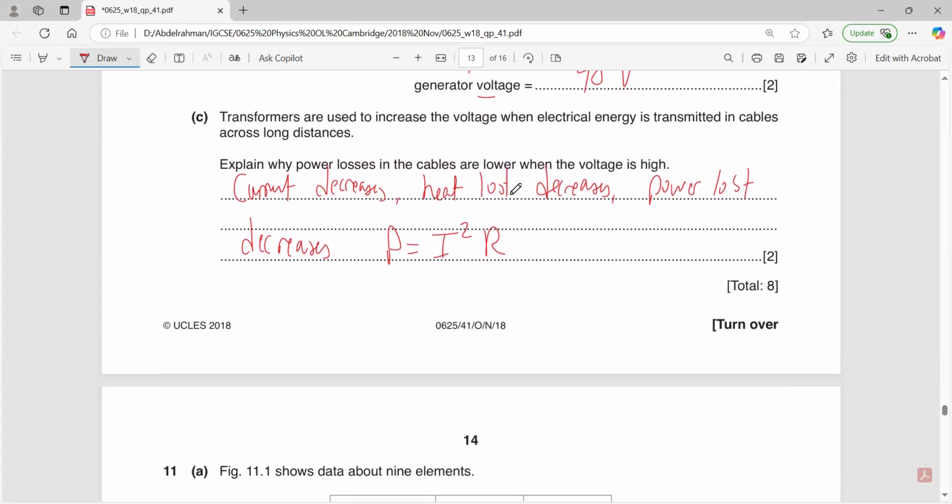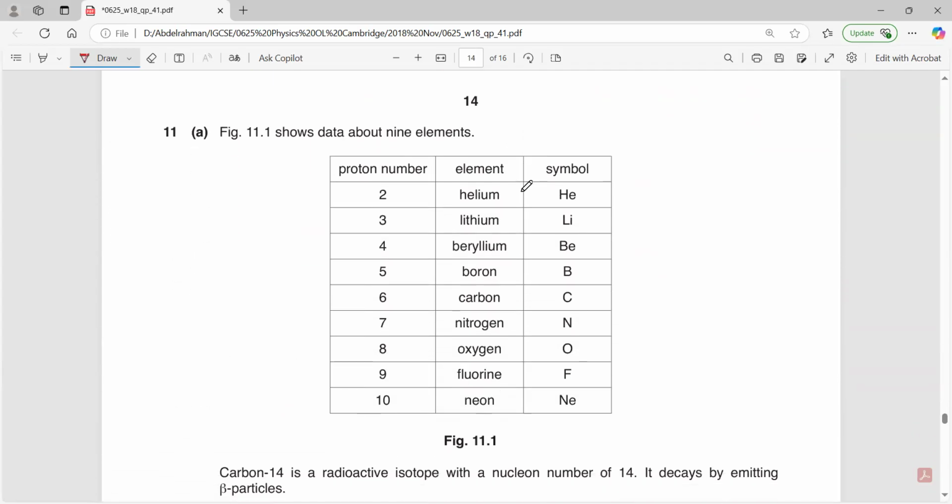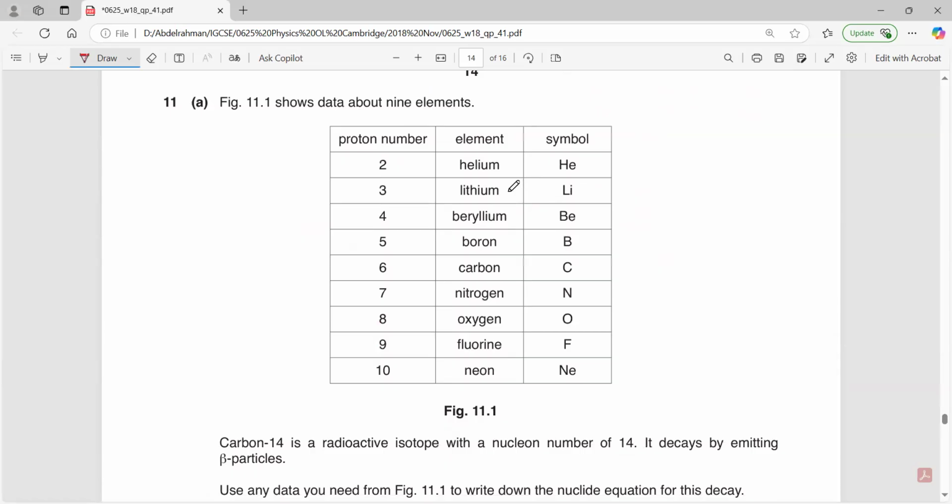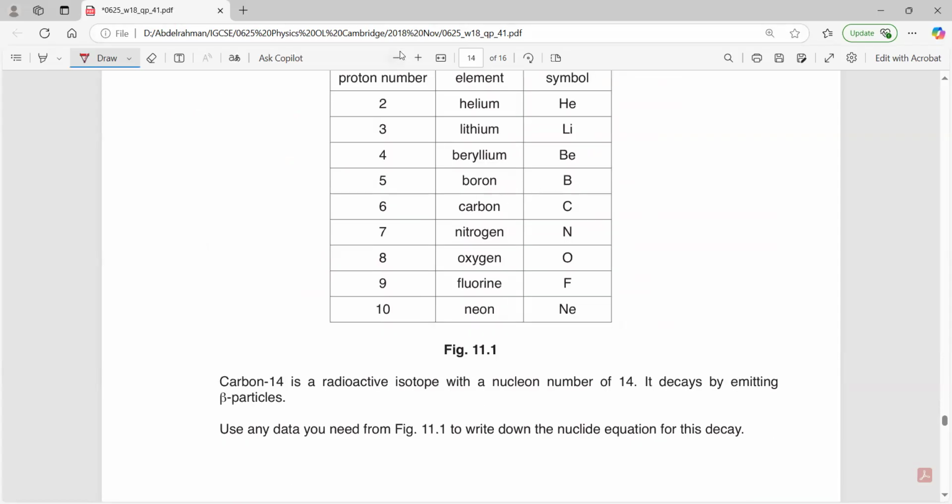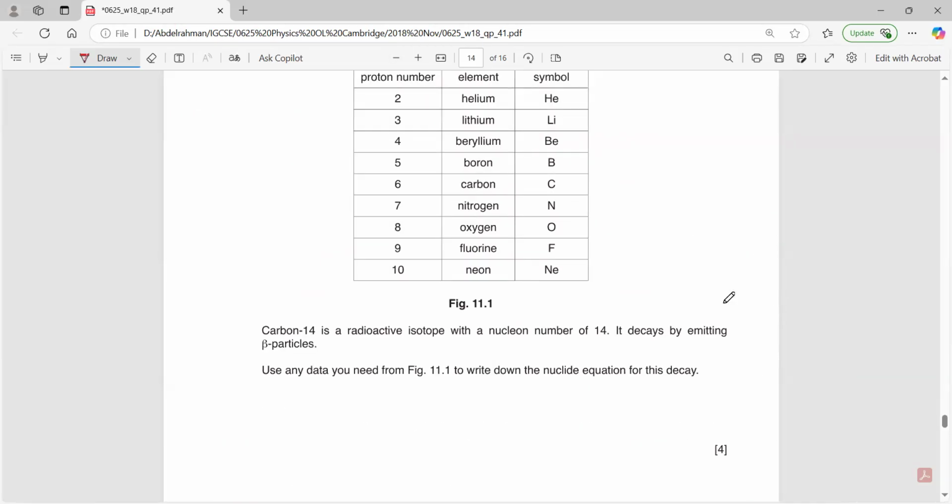Question 11 shows data about 9 elements. Carbon 14 is a radioactive isotope. It decays by emitting beta particles. Use any data you need from figure 11.1 to write down the nuclide equation for this decay.